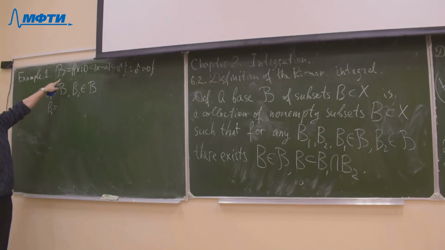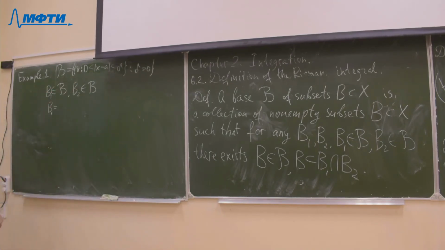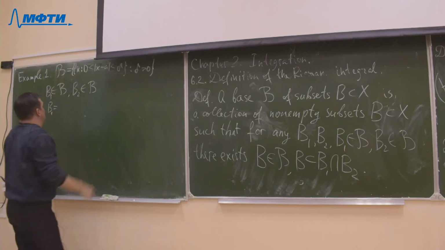So you see, B consists of neighborhoods. Clear? We take the collection of neighborhoods.